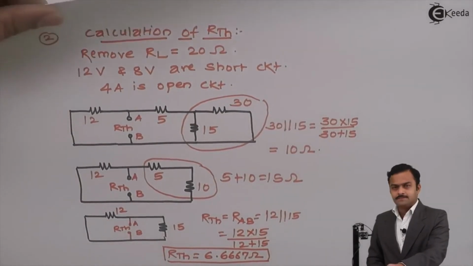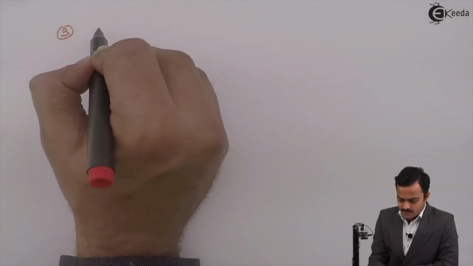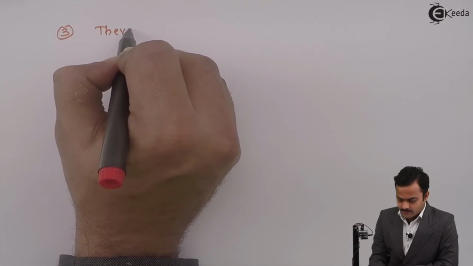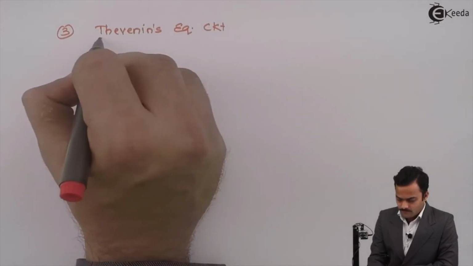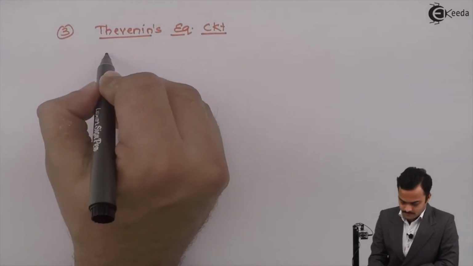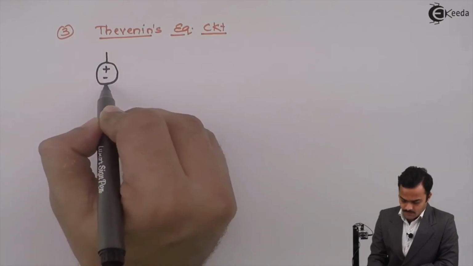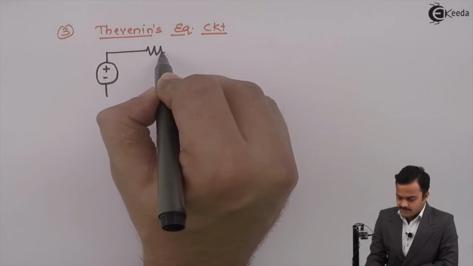Let's go to the third step, that is the equivalent circuit, which is Thevenin's equivalent circuit for the problem. It will have VTH and you will get a resistance which is RTH in series with it.